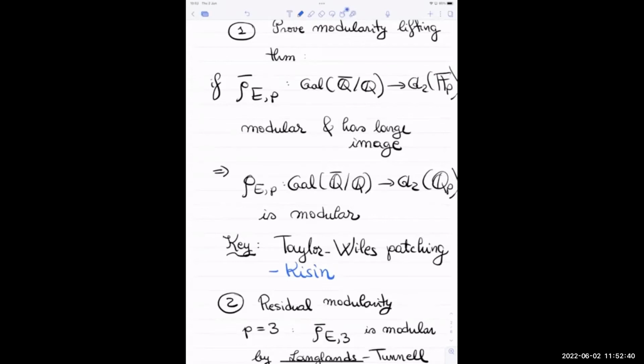So it's really important to work with everything over the local deformation ring at p. And then you see that the geometry of that deformation ring determines whether you can prove your modularity lifting theorem or not. So in this case, you want to work in the Barsotti-Tate case.